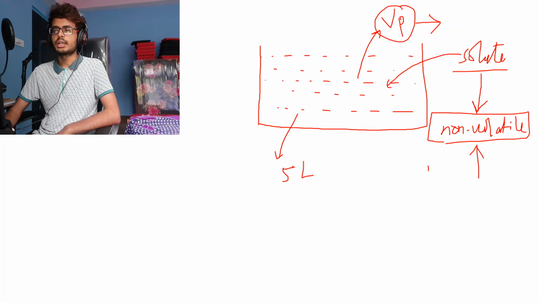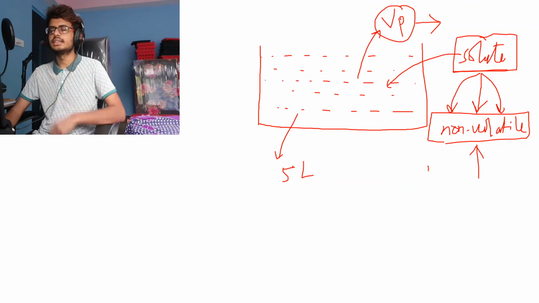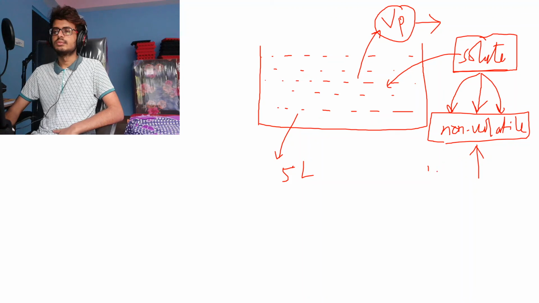Now I add many solute particles, which are non-volatile. They don't change into another state or another form easily. So I add non-volatile solute particles to this solvent, or this liquid.